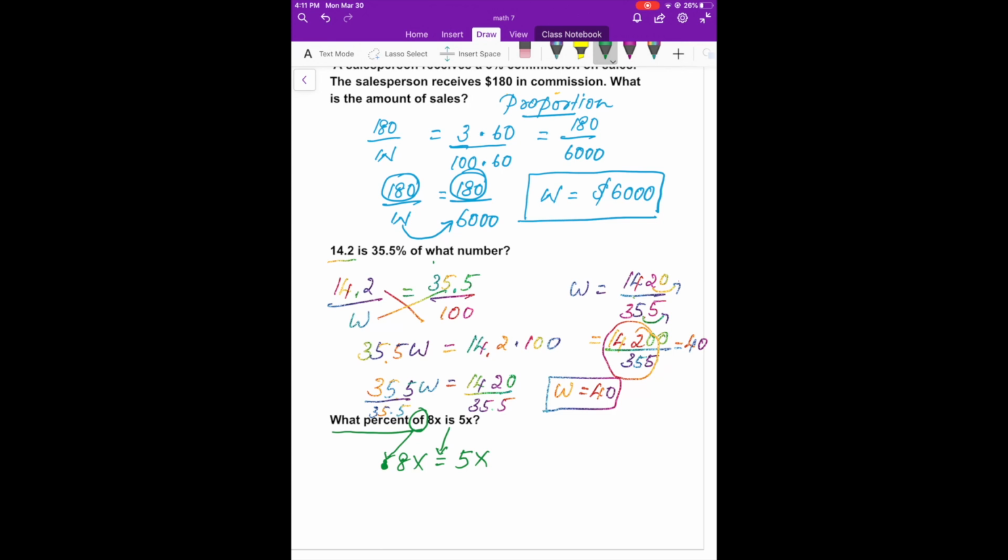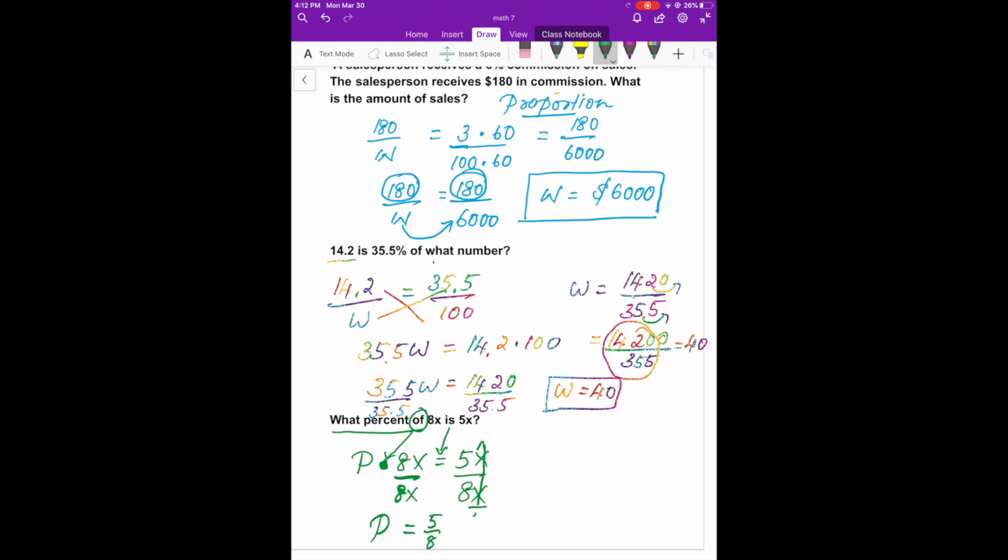So remember, if you have an x in the given problem and you are finding another quantity, use another letter. p times 8x is 5x. How do I do that? I would divide both sides by 8x to get p. So p is equal to 5x over 8x, and x divided by x is 1, so I don't need to worry about that.